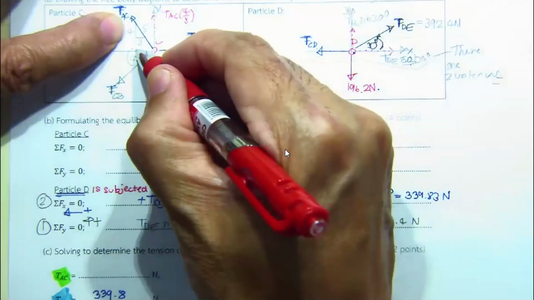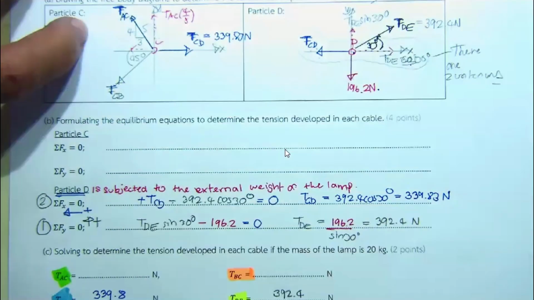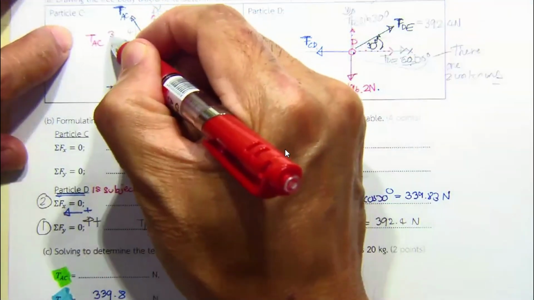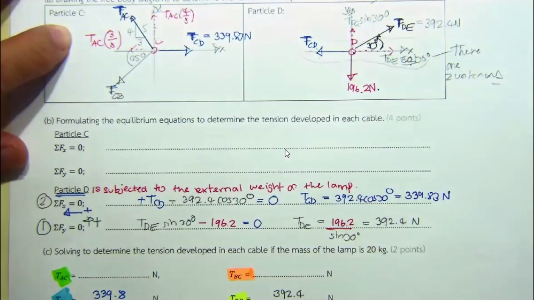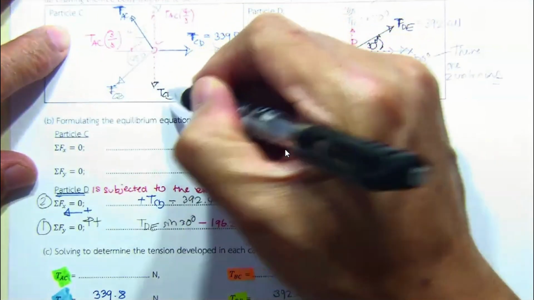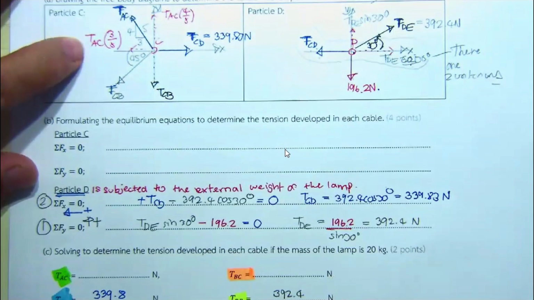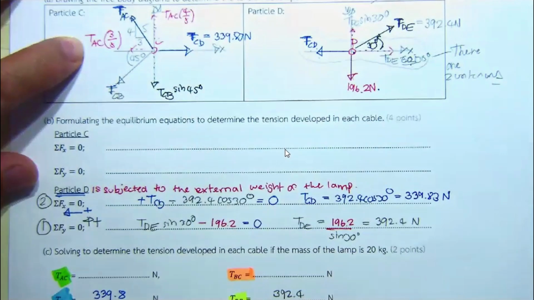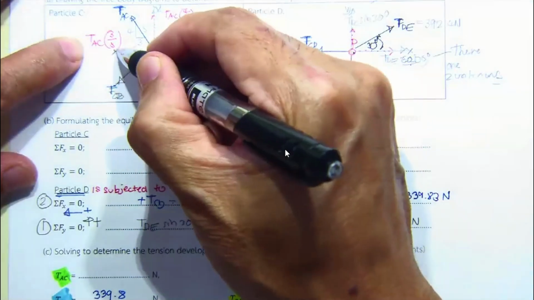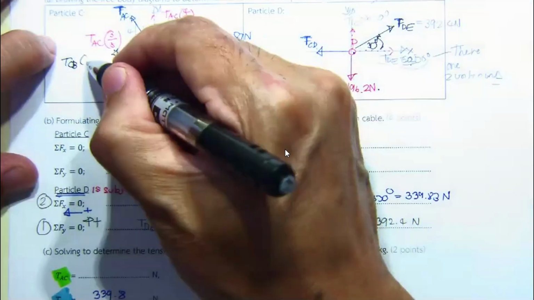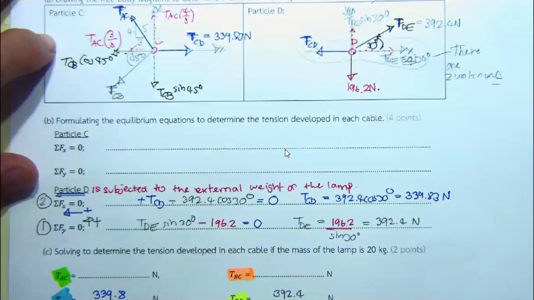And then you have another component in the horizontal, that's going to be T sub AC times 3 over 5. And also, if you do the projection of this one, this is going to be T sub CB sine 45 degrees. And if you project again on this one, you have T sub CB cosine 45 degrees.